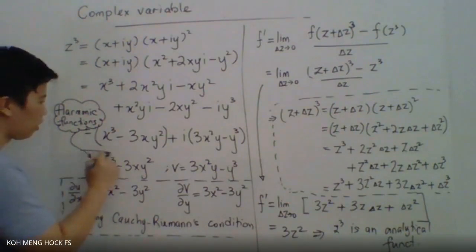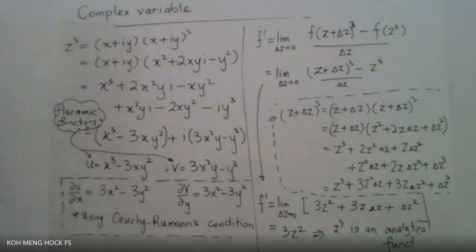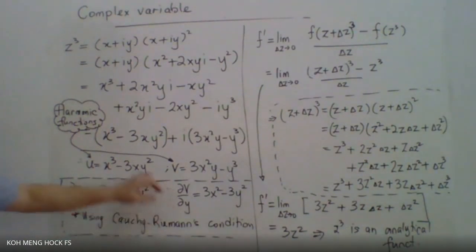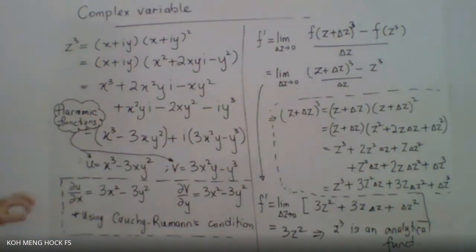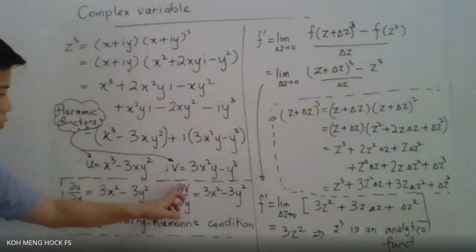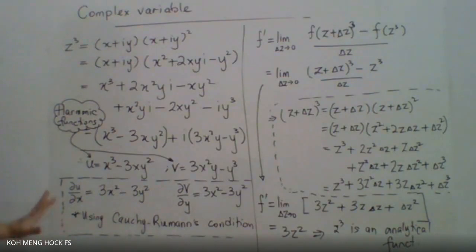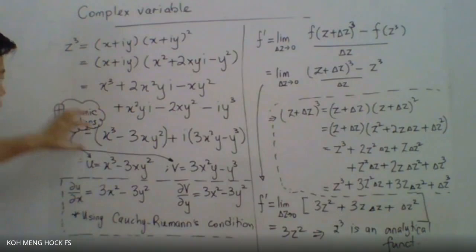Again, if the u and v of any function satisfy the Cauchy-Riemann condition, which means du over dx equals dv over dy, or du dy equals negative dv dx, then this function, whatever it is, is analytic, and u and v are harmonic functions because they satisfy the Laplace equation.